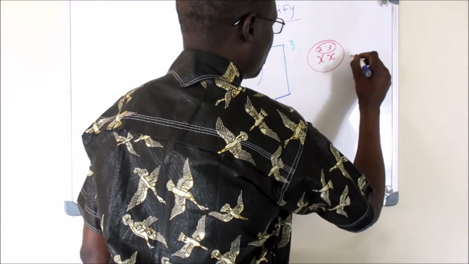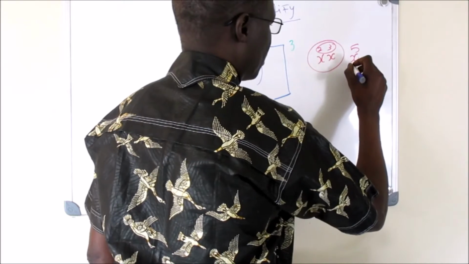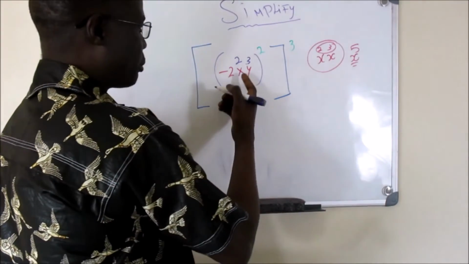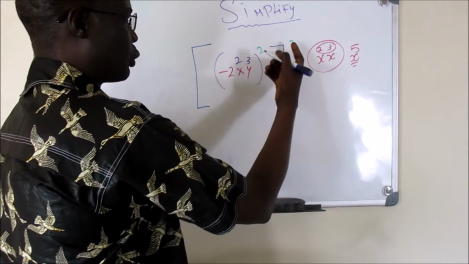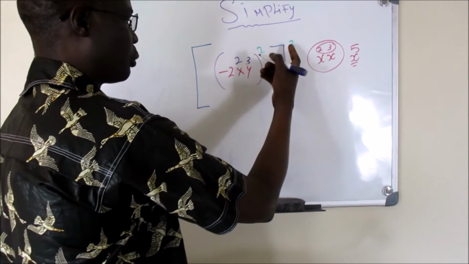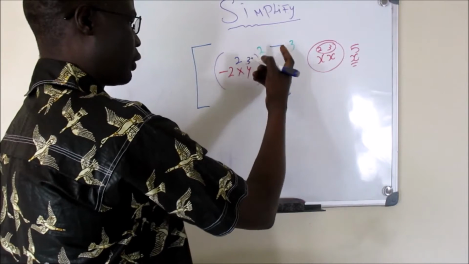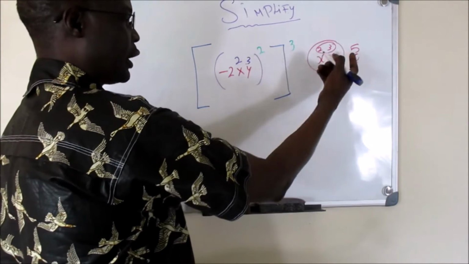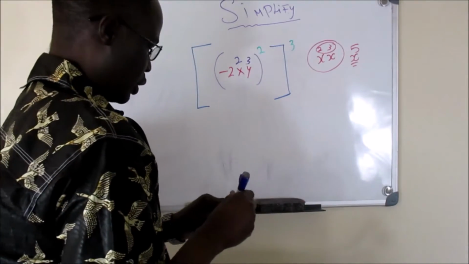So it could be X to the power 5. But this one, because they are different, what we're going to do is 3 times 6, and then 6 times 2, 2 to the power 6. And that's what we're going to do.